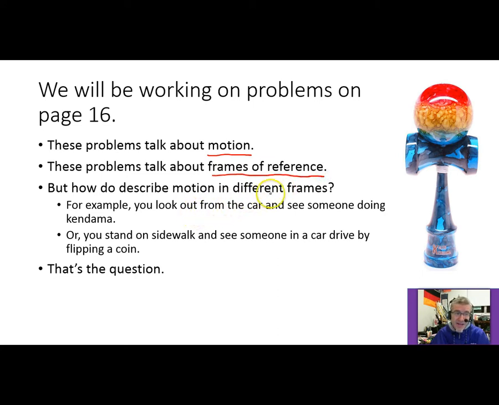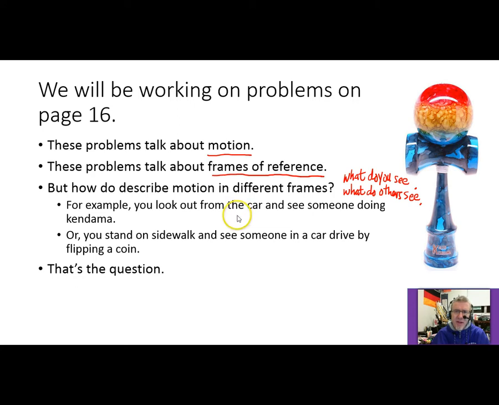And the question today is, how do you describe motion in different frames? I mean, what do you see in a frame, and what do others see? And probably an easy example that would illustrate is you look out from the car and you see someone doing kendama, and it looks pretty reasonable, right?